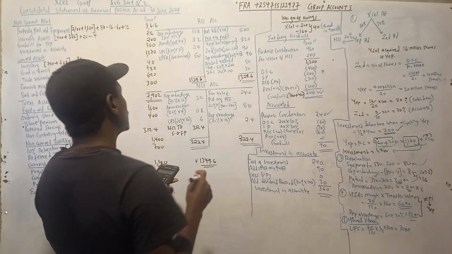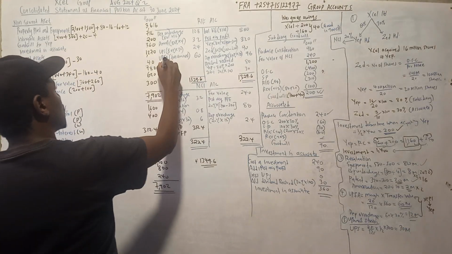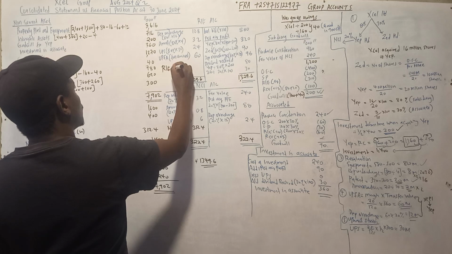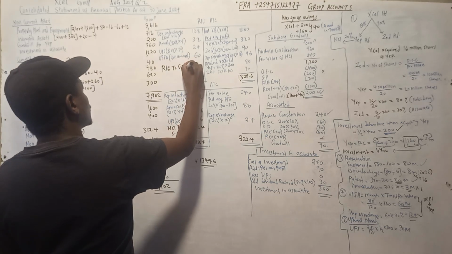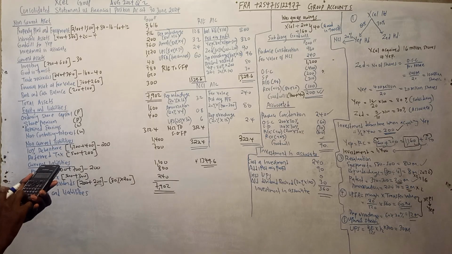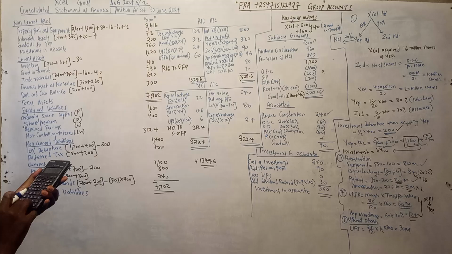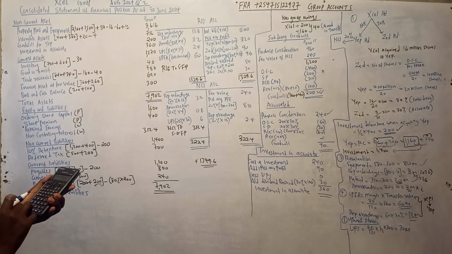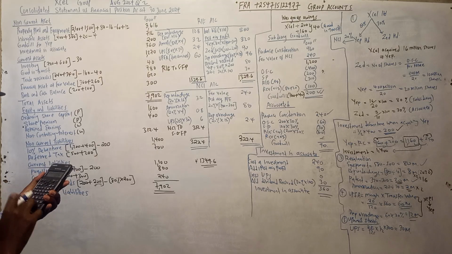Now the retained earnings to the statement of financial position: minus 12.8, 3.2, 24, and 60.